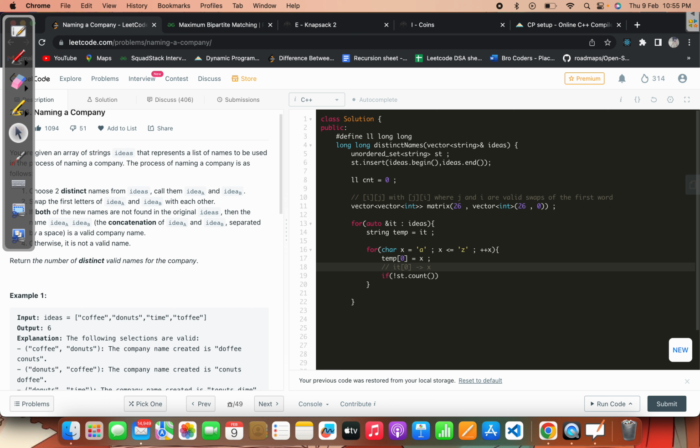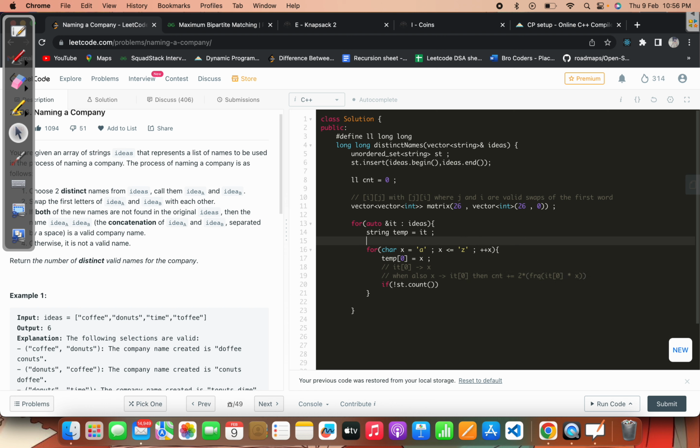But in our count, it will be only added when also x to it 0 is present. Then count plus 2 into frequency of how many swaps of both of them are done of temp and x. Oh, sorry, it 0 and x. Got it?